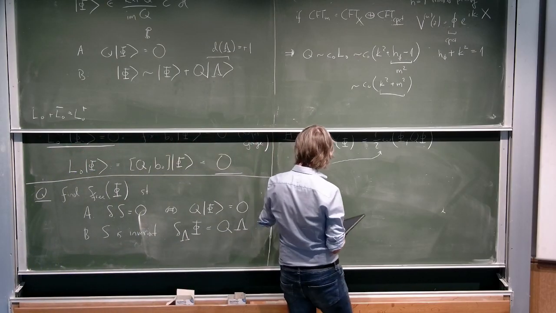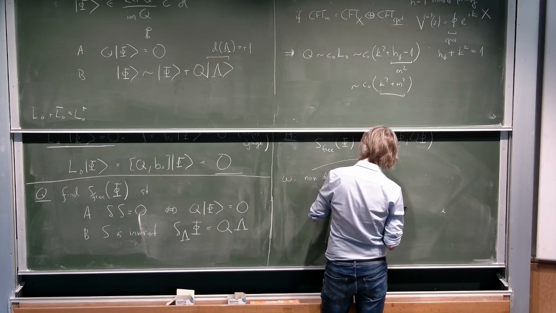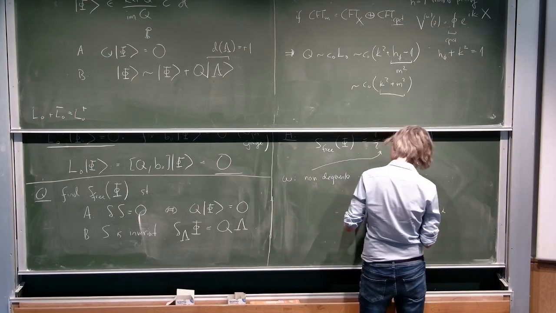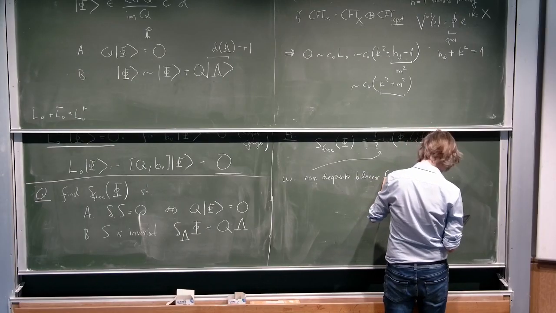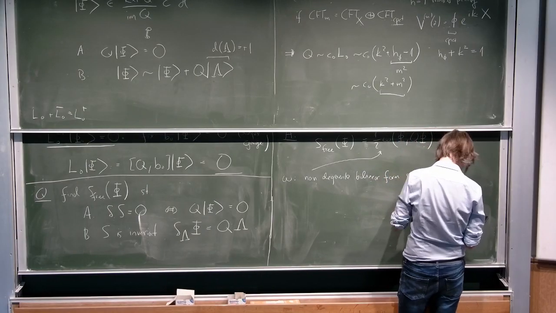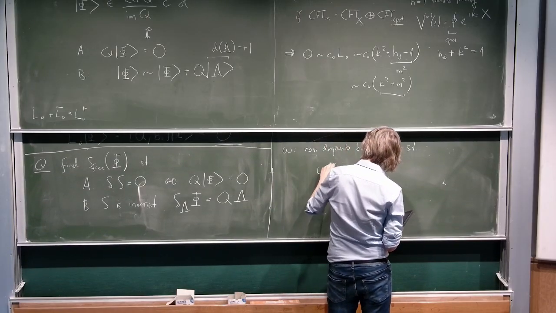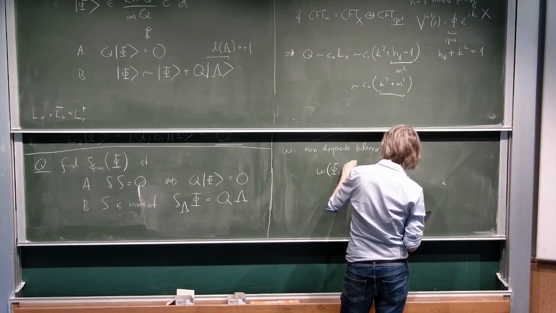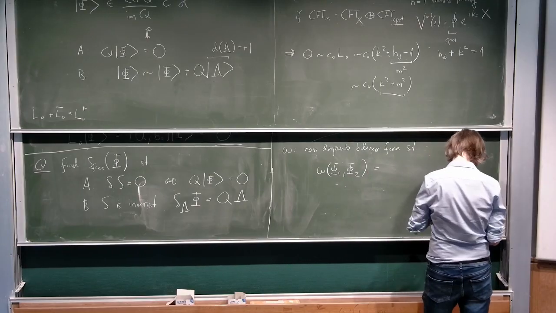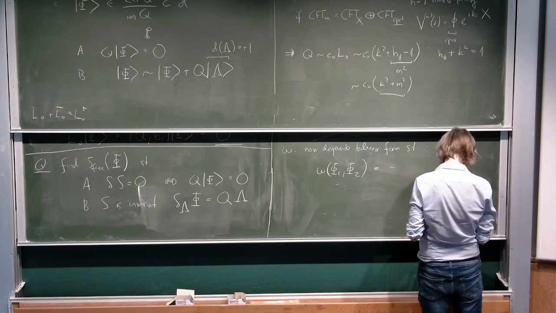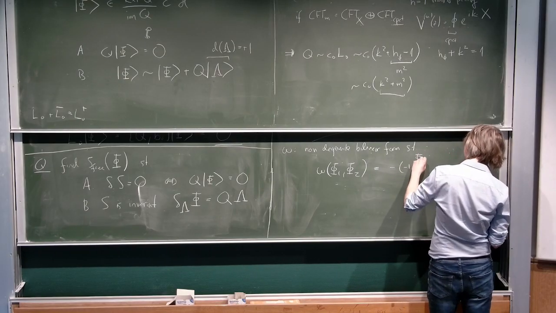So omega should be a non-degenerate bilinear form on the string Hilbert space, such that it's graded antisymmetric. So when we act with omega on some string states phi1 and phi2, that is the same as acting on phi2, phi1 with some sign, where the sign is just going to be given as -1 to the phi1, phi2.